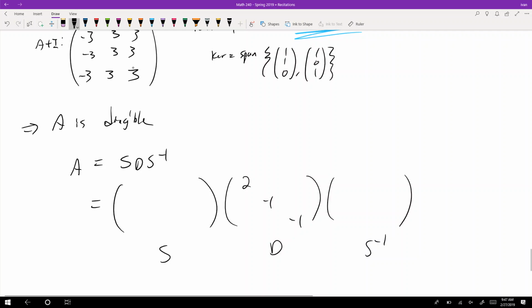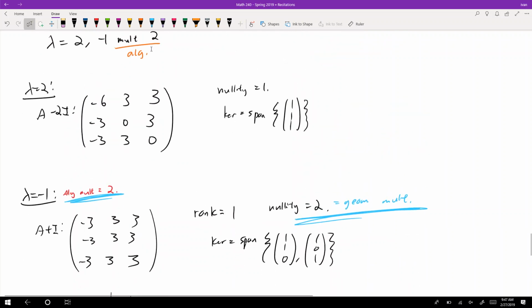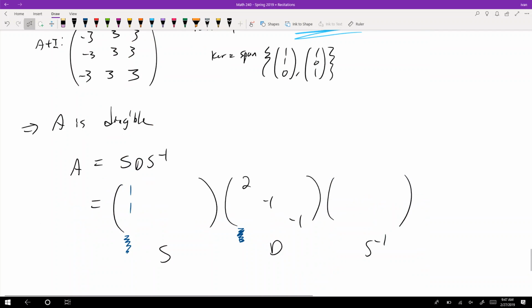So now what is S? Well, since the first column of D has 2 in it, the first column of S needs to have the eigenvector that goes with 2. All right, so what's the eigenvector that corresponds to lambda equals 2? Well, if we scroll up, 1, 1, 1, right? So this column has to be 1, 1, 1.